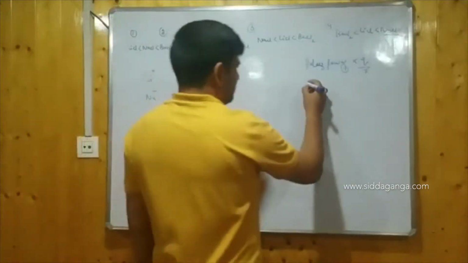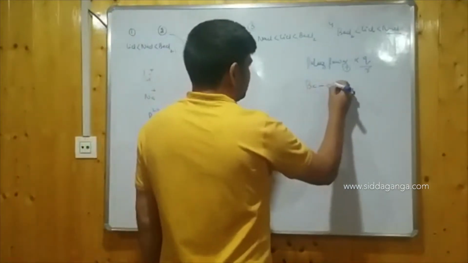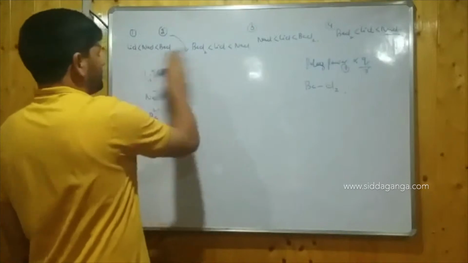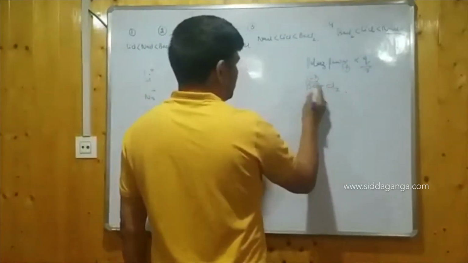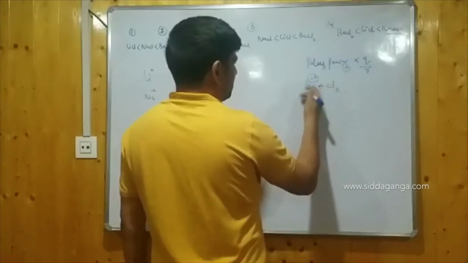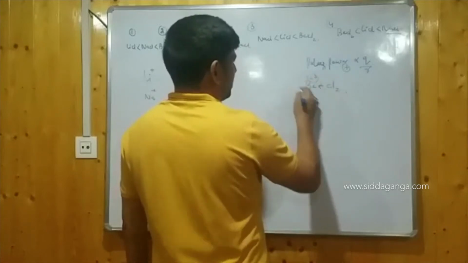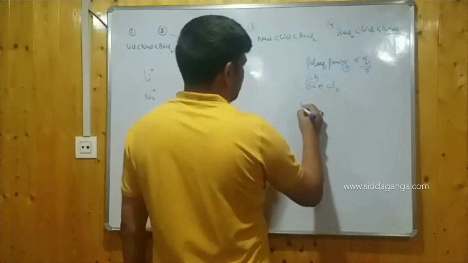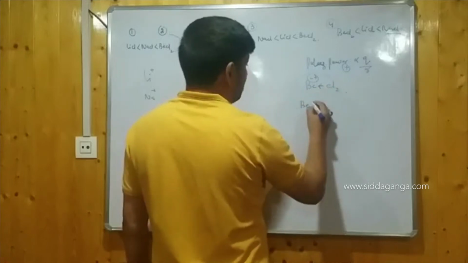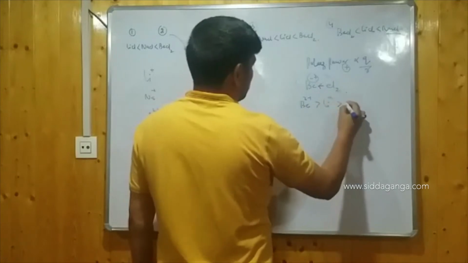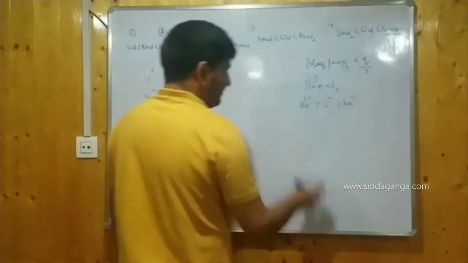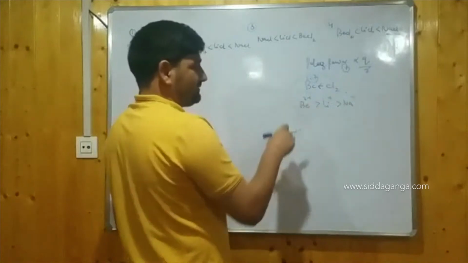Technically what it means, in beryllium chloride, you can see that, children, chlorine is common to all. So beryllium's charge is 2 plus, right? When its charge is more, its tendency to pull the electron cloud towards it will be more. So polarizing power of beryllium will be more than Li plus, more than Na plus. Reason? Beryllium has more charge and its size will be small.